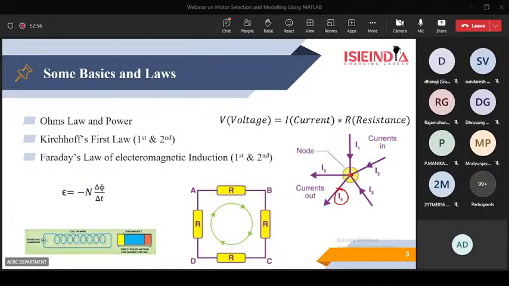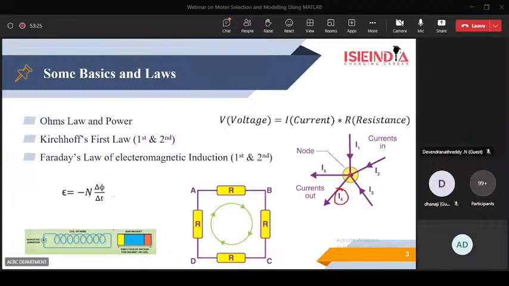Faraday, the scientist, discovered that when a bar magnet is kept near this coil, there is some deflection in the ammeter. This is Faraday's first law of electromagnetic induction.